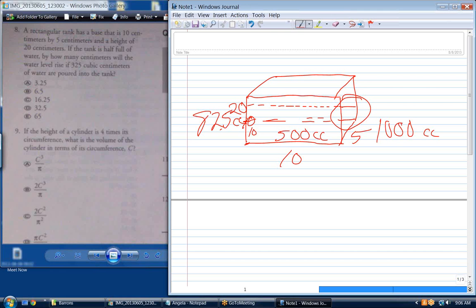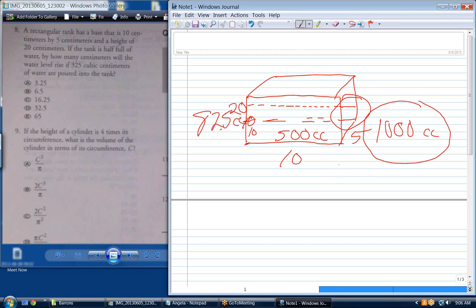Okay, what's the new height? In other words, if I told you that there was 1,000 cubic centimeters in there, and that it had a base of 10 by 5, what would its height be? Well, it would be 20.